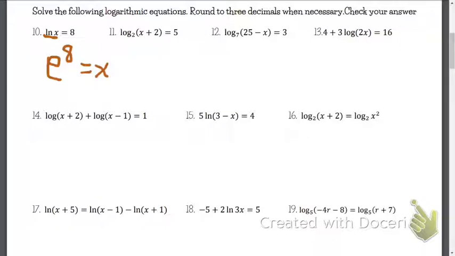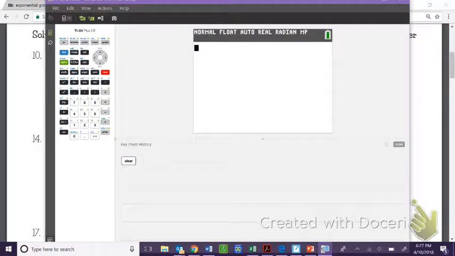Now, I'm going to go ahead and get my calculator on the screen because you need to see that e is an actual button on your calculator. All right, so here's my calculator, and we're looking at e to the 8th. I'm going to come down to right next to 4. You'll see the LN button.